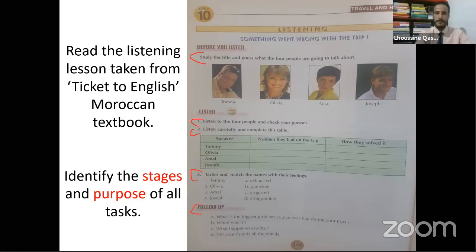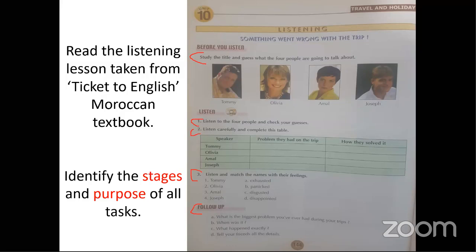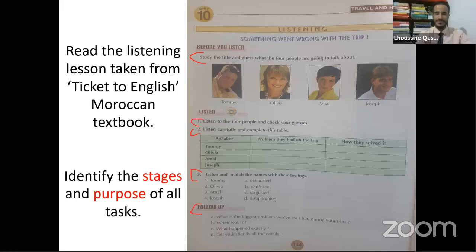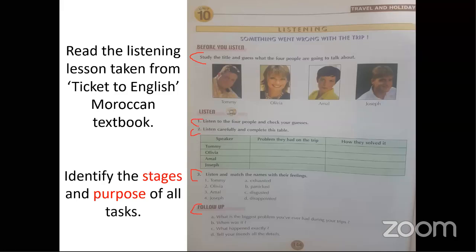Great, thank you. Number 3? Listen and match the names with their feelings. Is it a while listening stage? No? What do you think? I'm not sure. I think we are still on a while listening stage. No?